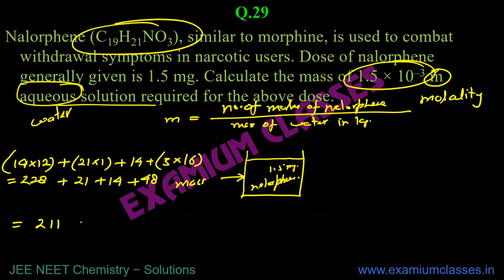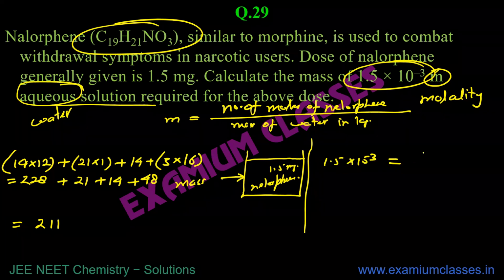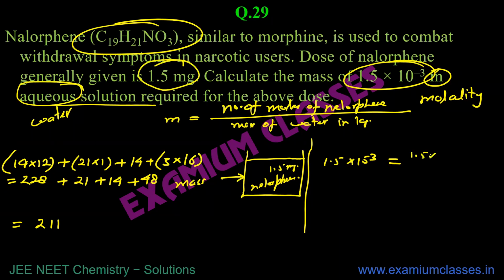So now we will substitute these values. The molality given, 1.5 into 10 to the power minus 3, will be equal to the number of moles of nalorphine, which is the mass, 1.5 into 10 power minus 3, divided by molar mass, divided by mass of water in kg.